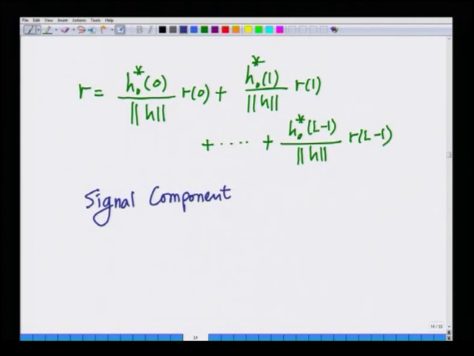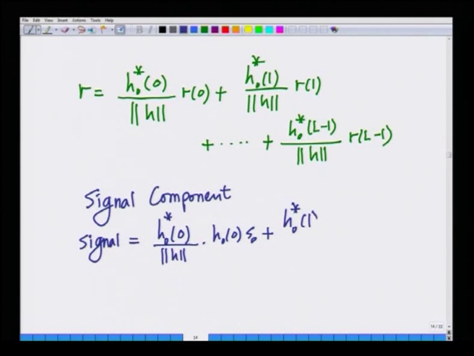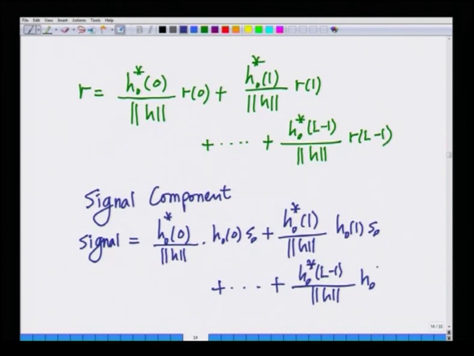The signal is nothing but magnitude h 0 conjugate divided by norm h into h 0 0 s 0, plus h 0 1 conjugate divided by magnitude h into h 0 1 into s 0, plus so on, up to h 0 L minus 1 conjugate divided by magnitude of h into h 0 of L minus 1 into s 0.